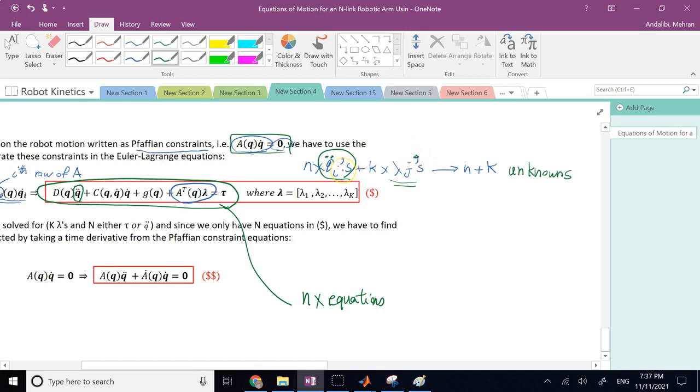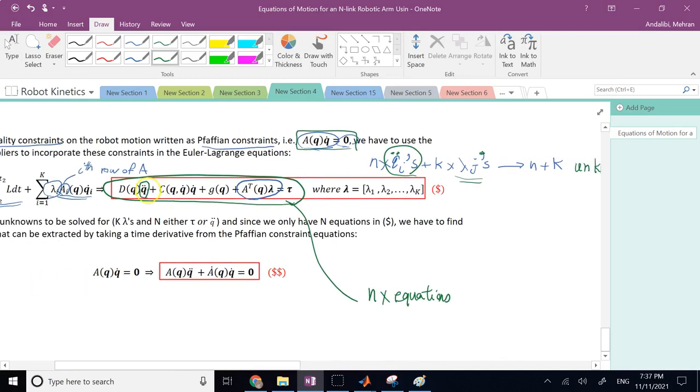So we need, as I said, k more equations, and since the original constraints are in terms of q dot, what we do is take the time derivative of them, and that turns my constraint equation into acceleration terms. So it's going to be A q double dot plus A dot q dot equals 0, and now these equations have the q double dots in them. So these will get you an extra k equations.